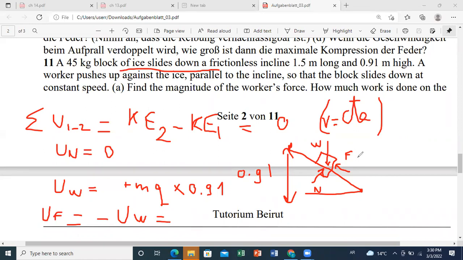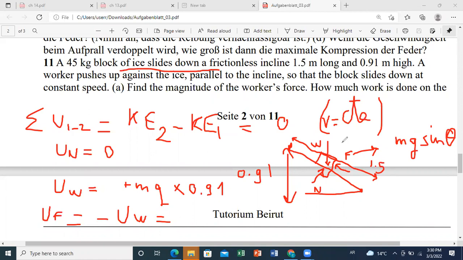We already calculated F is equal to mg sine theta. The distance of displacement, if you consider that it will move from the upper point to the lower point, is a total distance of 1.5.